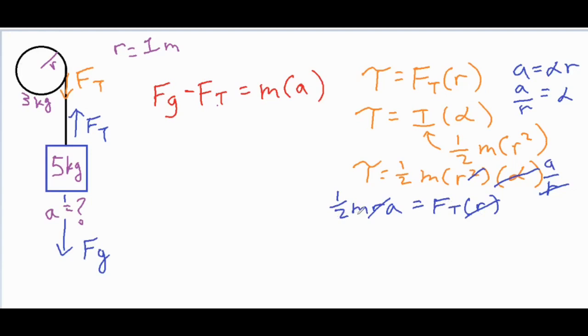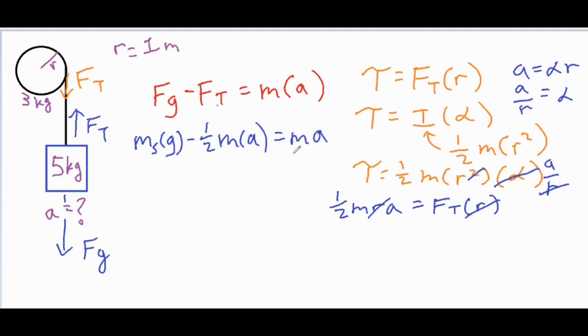So I have Ft equals 1/2 ma, and I know that Fg equals mg. So this is the mass of the 5 kilogram block times g minus, and then I'm going to go ahead and sub this in, 1/2 ma equals ma. Now I want to solve for the linear acceleration.